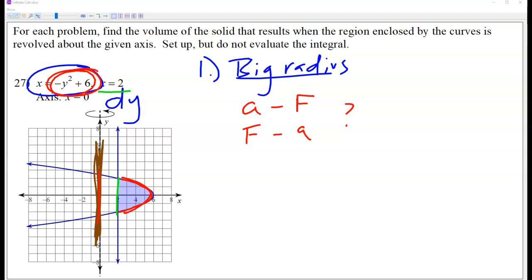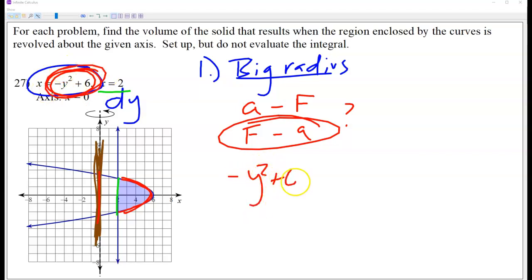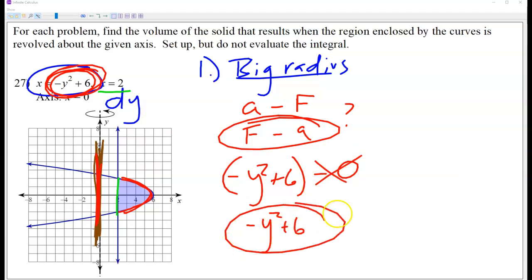So in this case, it's going to be function minus axis. So my function is negative y squared plus 6 minus the axis, which is at x equals 0 apparently. And we don't really need to include the 0. So my big radius is simply the function itself.